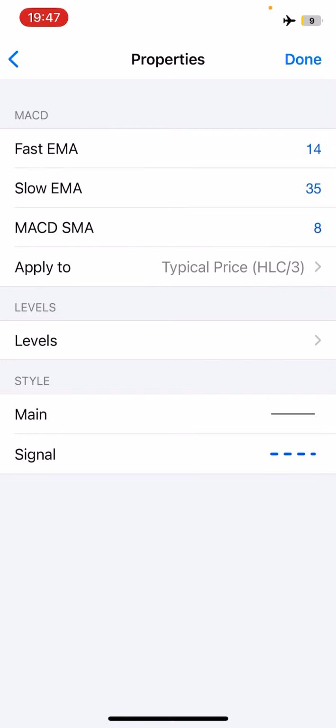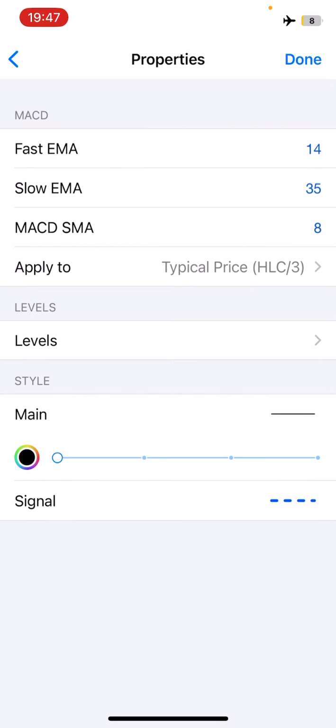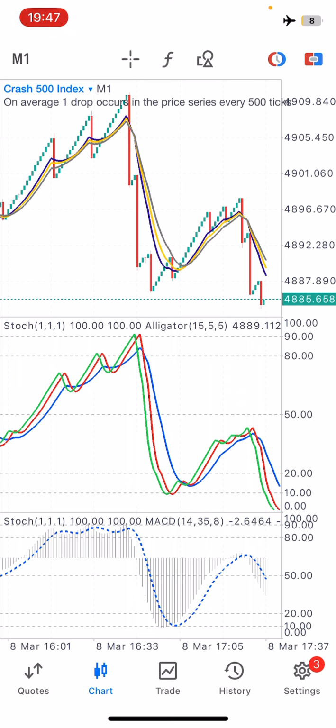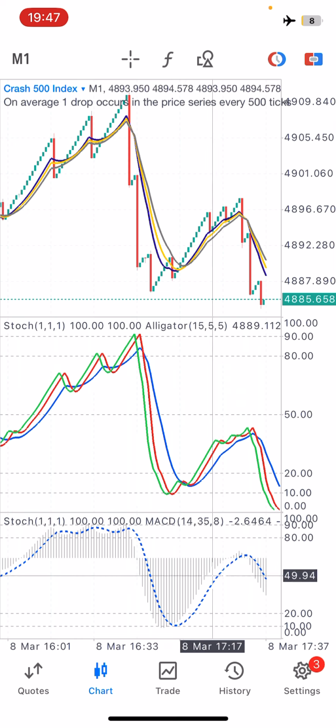Our slow EMA is going to be 35. Our MACD SMA is going to be 8, and apply to typical price. And then the styling, the main one can have the black color, and then the signal can have the blue color. Okay, these are the final properties. And then you click on done, and you can see our MACD has appeared down below them.